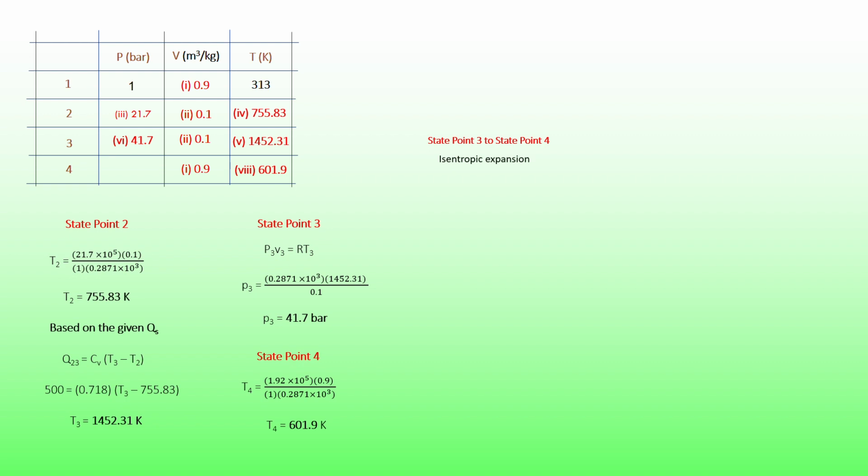So it is isentropic expansion from 3 to 4. You can use the pressure volume relationship again, so you can find out your P4. Actually, you have to find out P4 first. That was my mistake. After finding out P4, only then can you find T4. So you just swap the two workings. So P4 is 1.92 bar. You can fill it up.